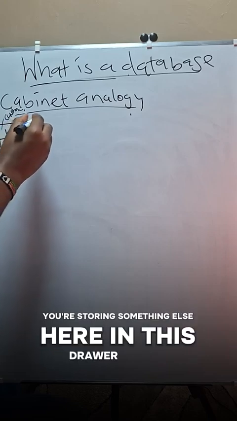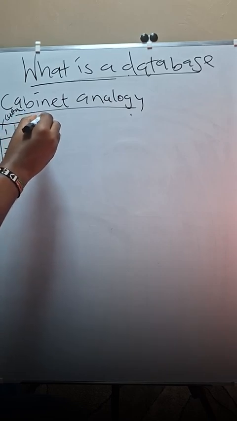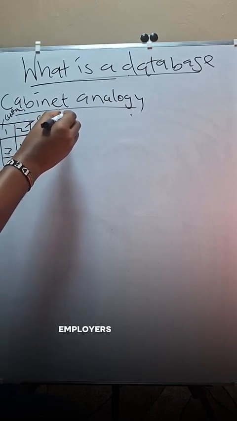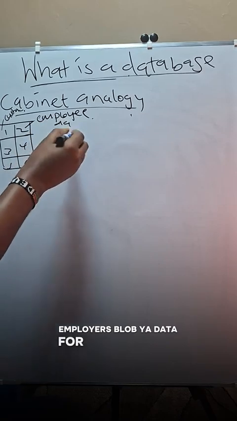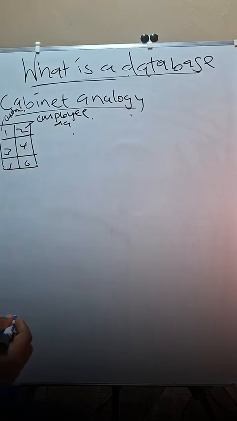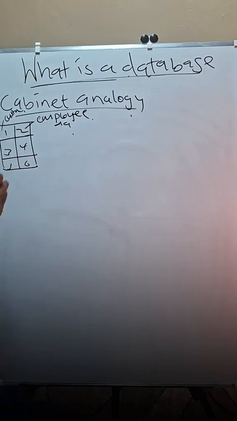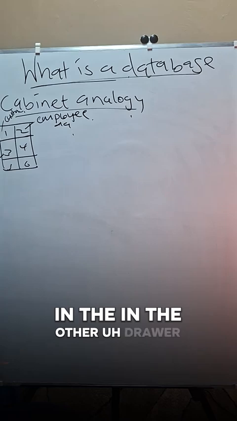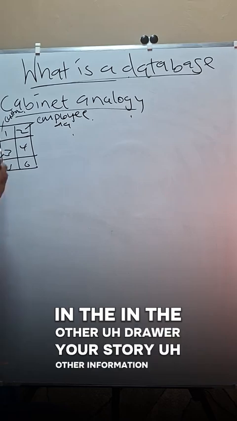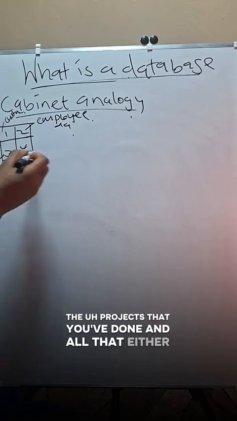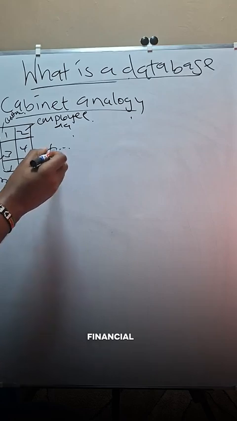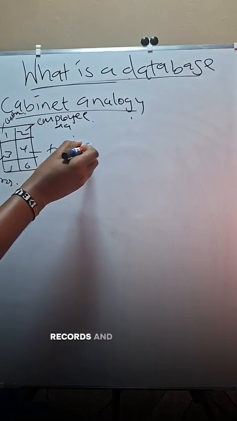In this drawer, you're storing employee information. In the other drawer, you're storing other information about the company, the projects that you've done, and all that. Maybe this one is financial records.